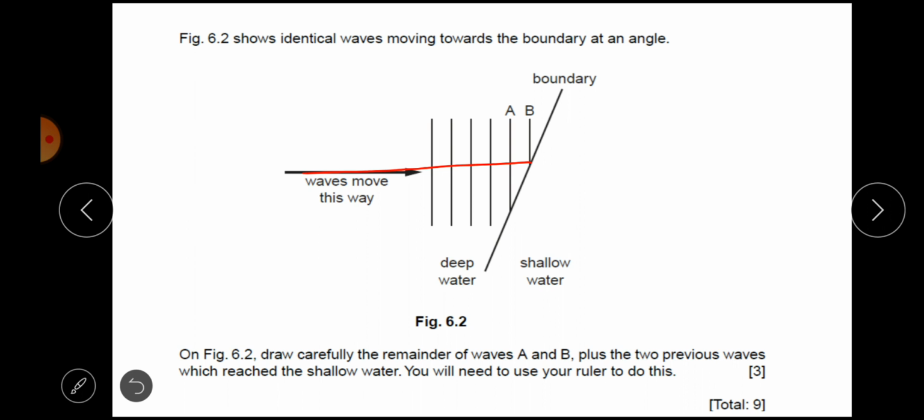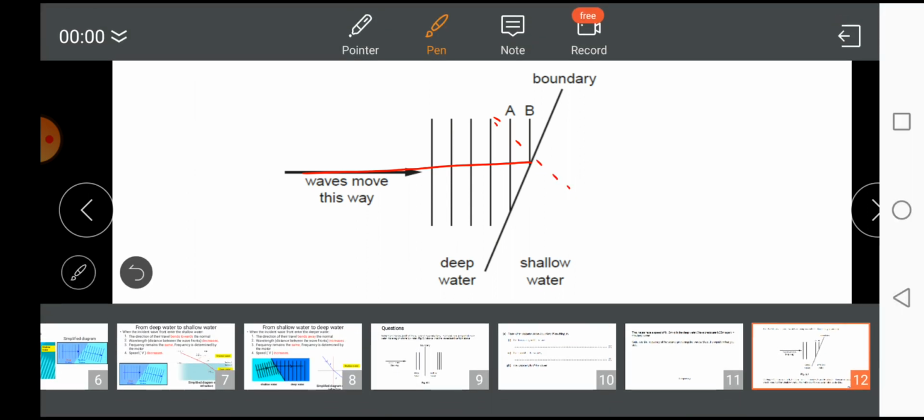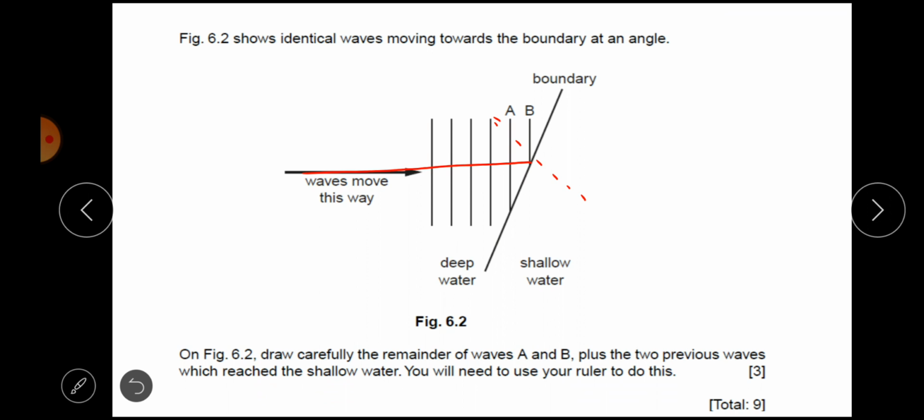If we have a normal here, let's draw a normal here. Now the wave doesn't continue straight, but it bends towards the normal. That's what is going to happen. So the wavefronts this side are going to take this direction.